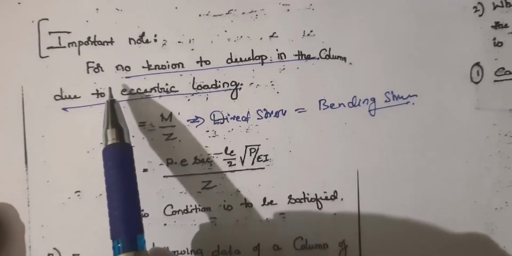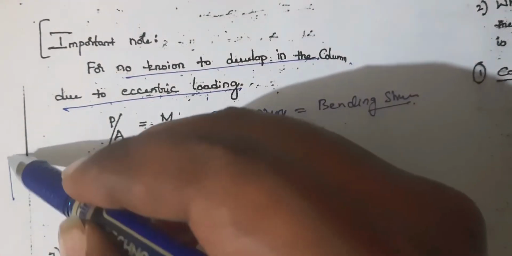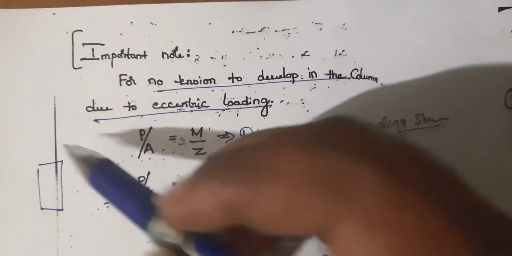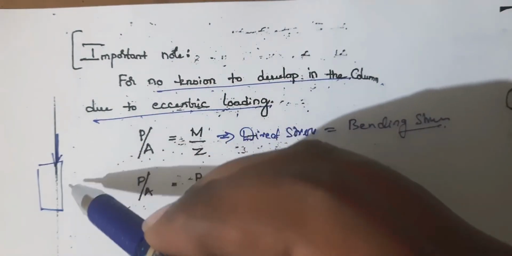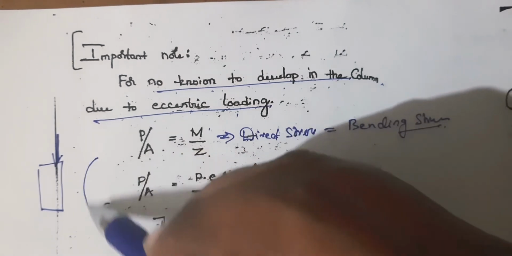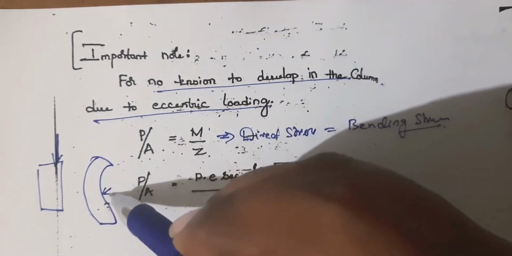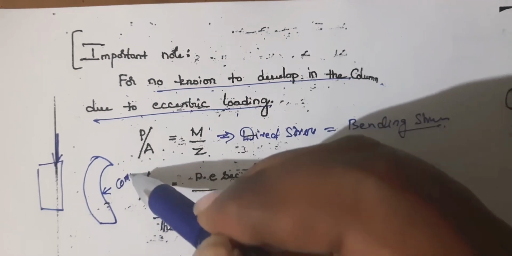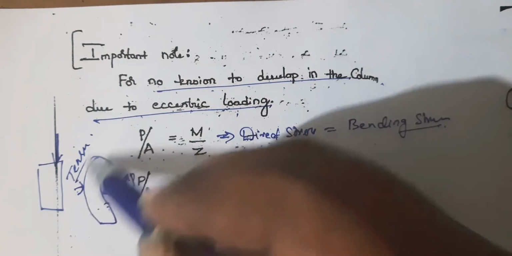So what is no tension? See, if this is a column with an eccentric loading with an eccentricity, the column is going to bend this way. This side you are going to see compression, and this side you are going to see tension.